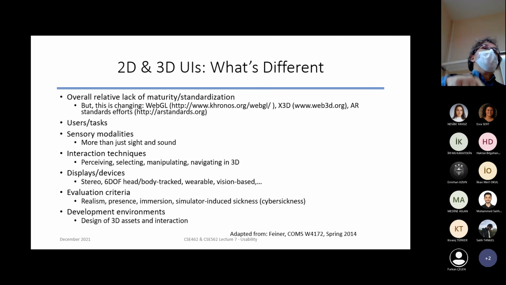And even if you don't get cyber sickness, spending, let's say, 15 minutes in a virtual reality environment is certainly going to give you a headache. So you have to control the amount of strain that you are putting on that person, and so forth.